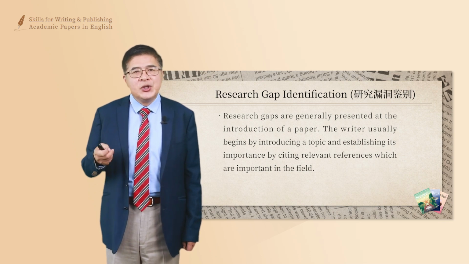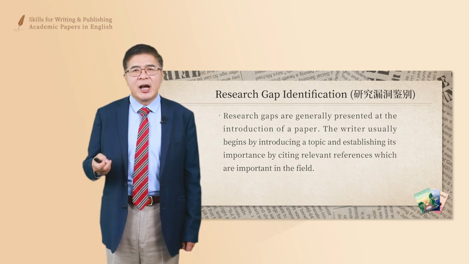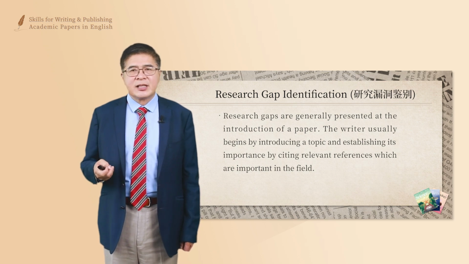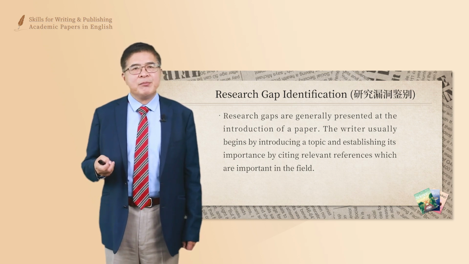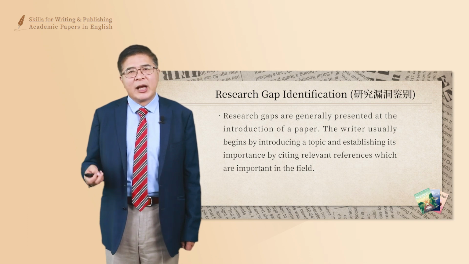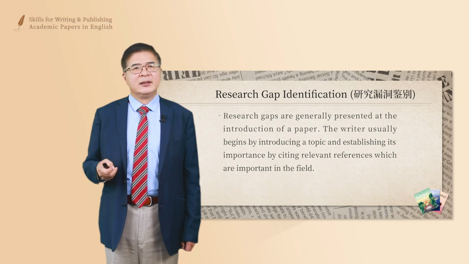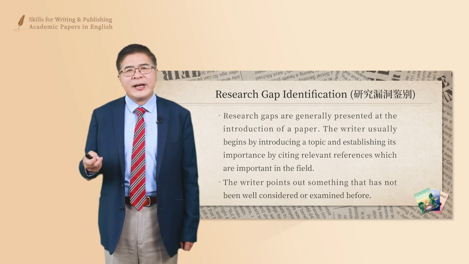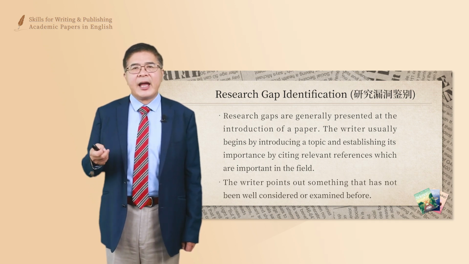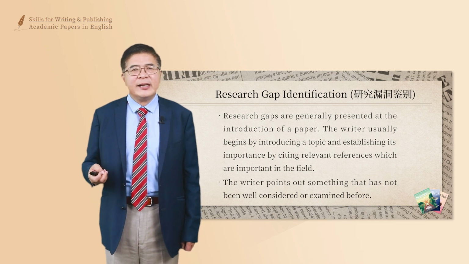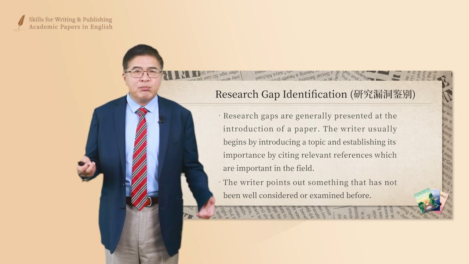The writer usually begins by introducing a topic and establishing its importance by citing relevant references which are important in the field. The writer also needs to point out something that has not been well considered or well examined before.